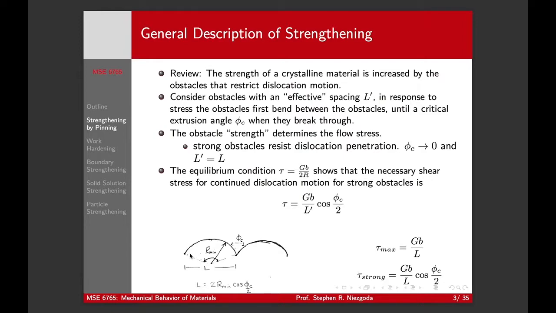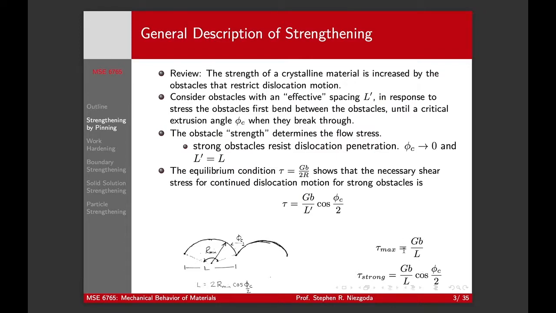If they're not perfect obstacles, there's going to be some critical angle, right? And we end up with a shear stress that looks like this. This effective obstacle spacing and the critical angle are the key parameters here, right?